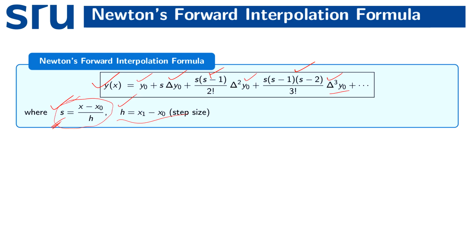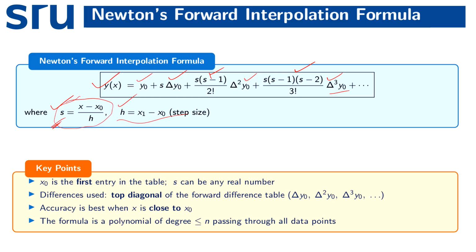Now let us go to the important points that you should know. Here, x_0 is the first entry in the table, and s can be any real number.